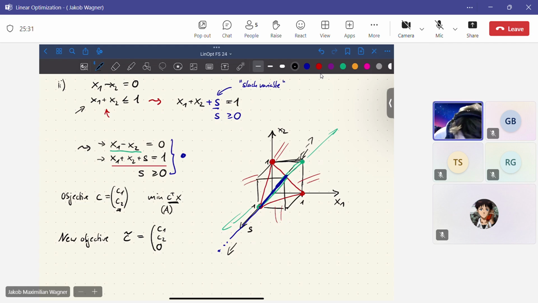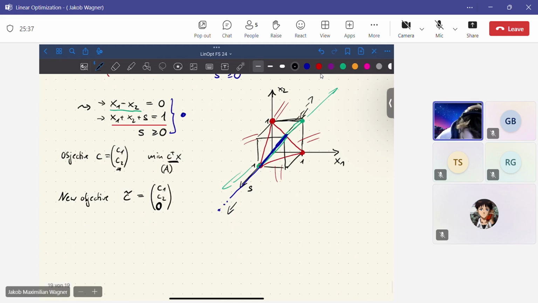And the slack variable just gets an entry 0 in this new objective vector. And then we can rewrite this problem as minimize this new C tilde times x1, x2, and s, which is, if we write it out, nothing else than c1 x1 plus c2 x2.